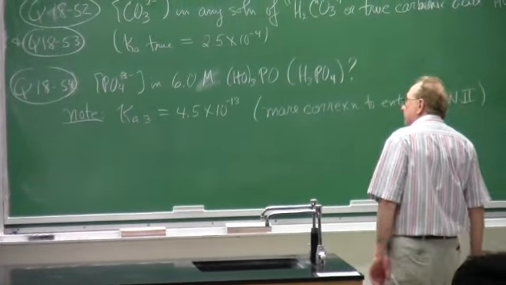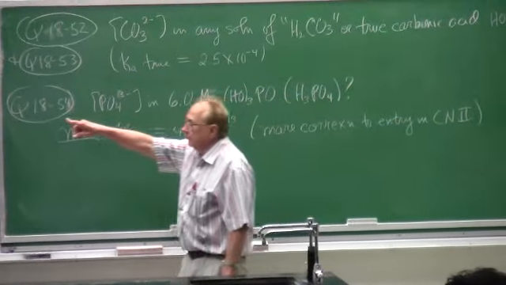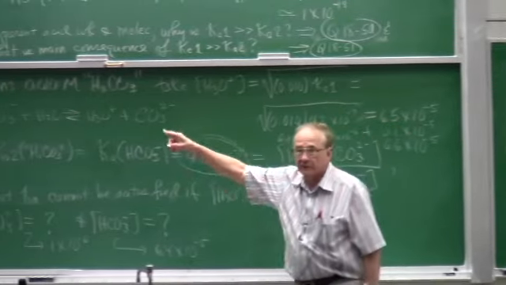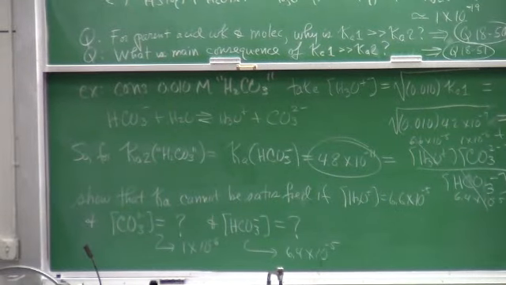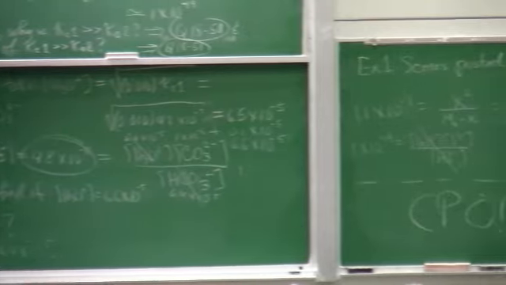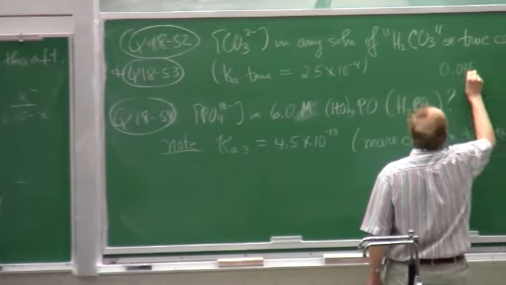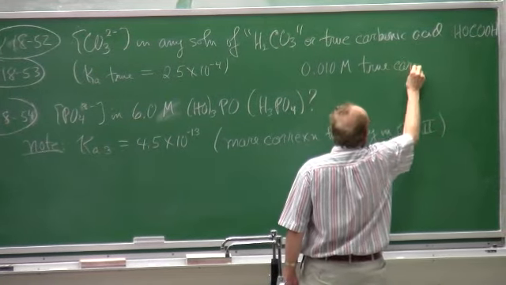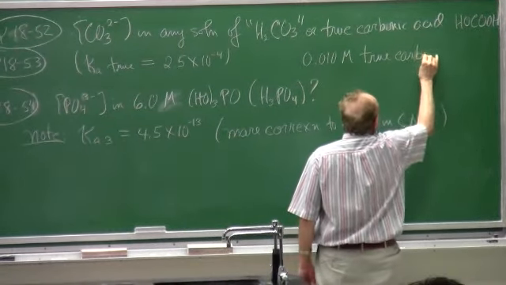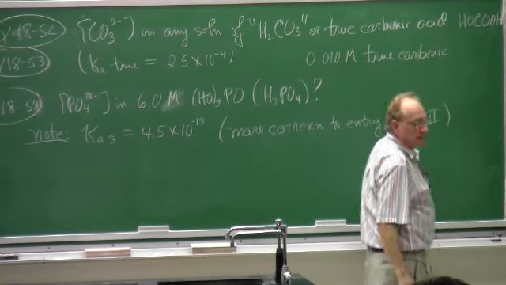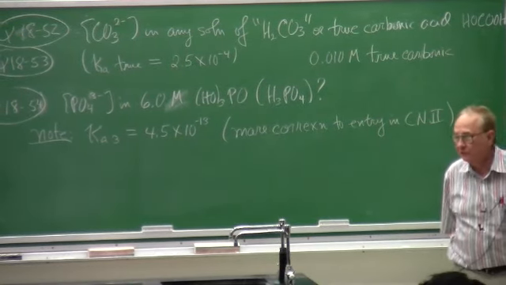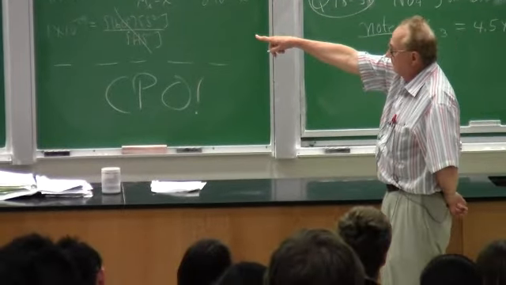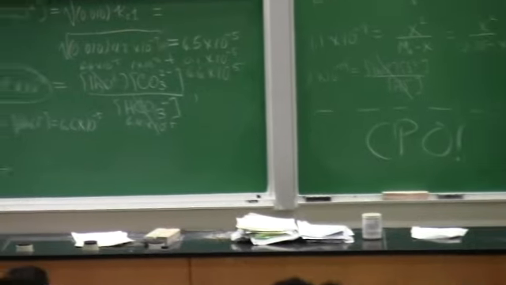But we can ask this question. Over here we considered 0.010 molar hydrated CO2. For comparison's sake, I'll write 0.010 molar true carbonic. 100th molar hydrated CO2, 100th molar true carbonic.